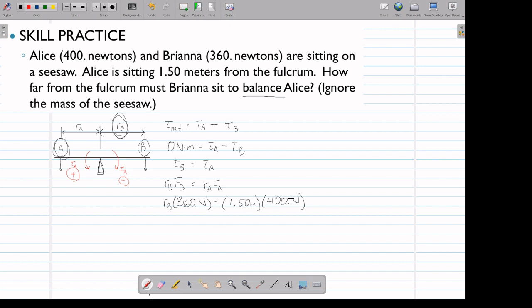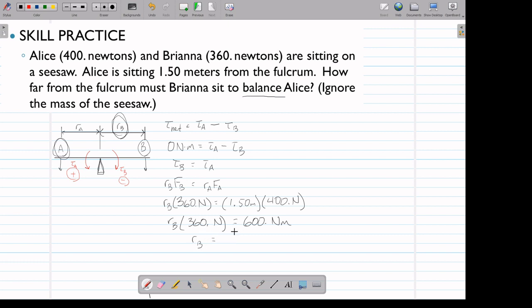All right, so we multiply these two numbers together, that's going to give us 600. So we have RB times 360 newtons equals 600 newtons times meters. And then we divide both sides by 360.